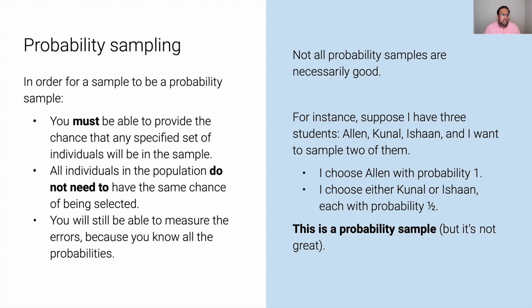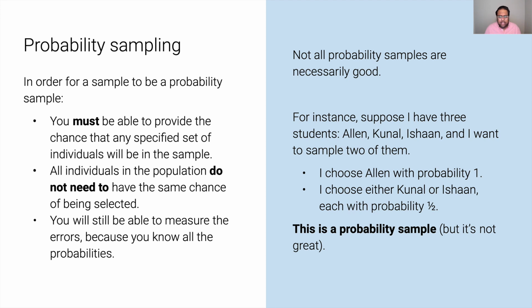Now, it's not true that all individuals in the population need to have the same probability of being included in the sample. That's not required for our sample to be a probability sample. Regardless of if everyone has the same probability of being included or not, you're still able to measure the chance error and the bias because you know the probabilities of our possible samples.